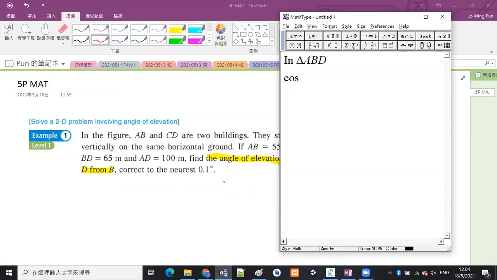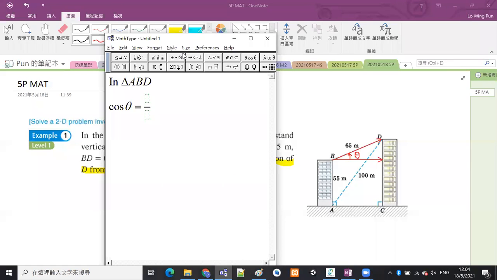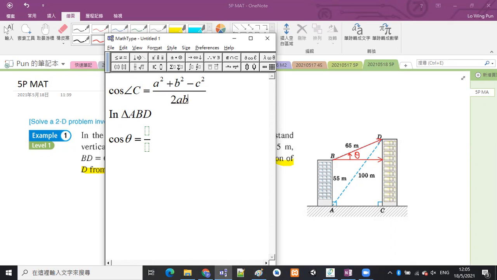Cosine theta is equal to a fraction. Let me write down the formula first. Cosine C is equal to A squared plus B squared minus C squared over 2AB. Now I want to find angle ABD.